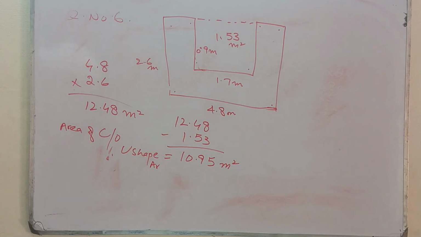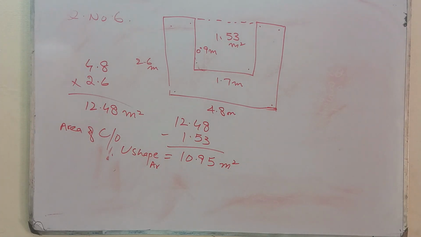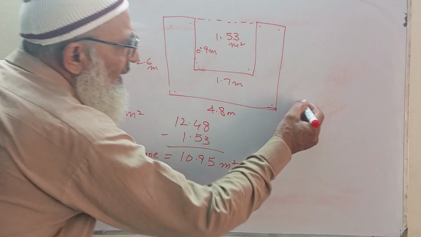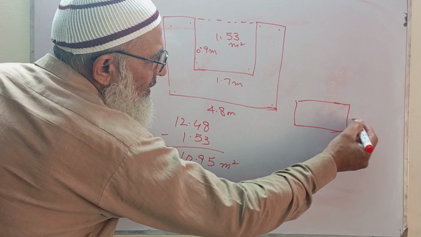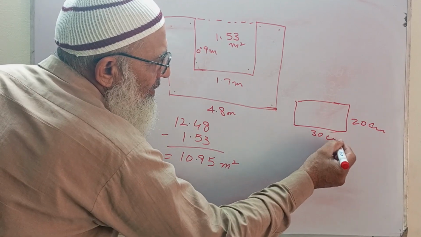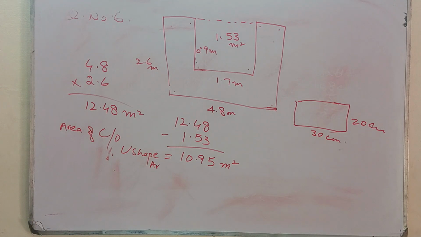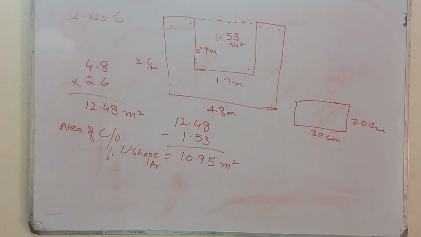The tile size is given in centimeters. This is the tile size which is given: 20 centimeters and 30 centimeters. Just ignore the wastage of the tiles, because it has not been given to us.